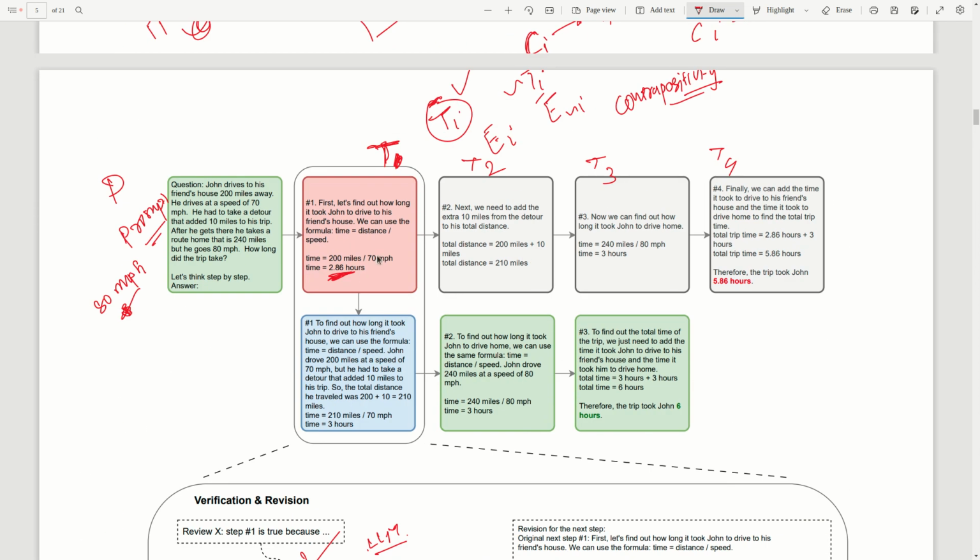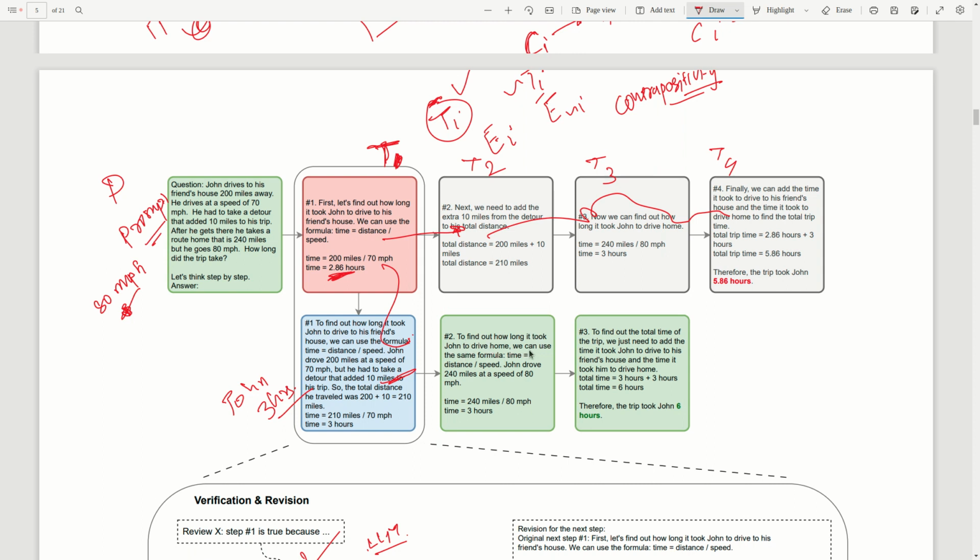Hence our chain of thought propagated from here. It was supposed to propagate from here to here, here to here, here to here. But after the verification process, it got propagated to here. And after verification, it identifies that John took 3 hours to reach his friend's house. Now the second question is to find out how long it took John to drive home.